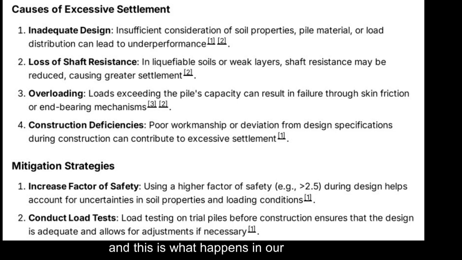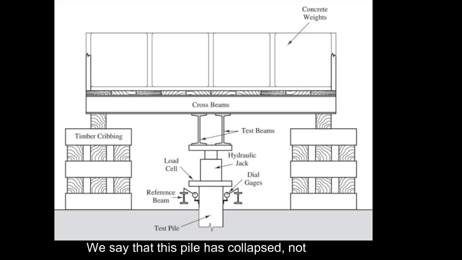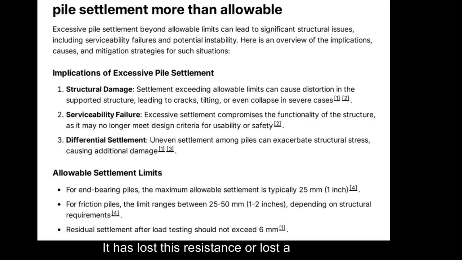And this is what happens in our pile load tests. We say that this pile has collapsed, not that it has broken. Collapse means that its friction with the soil will not be as it should be, and therefore it will not give you the resistance that you see in the table. It has lost this resistance, or lost a large part of it.